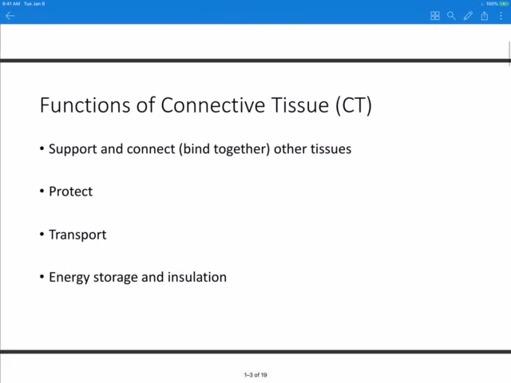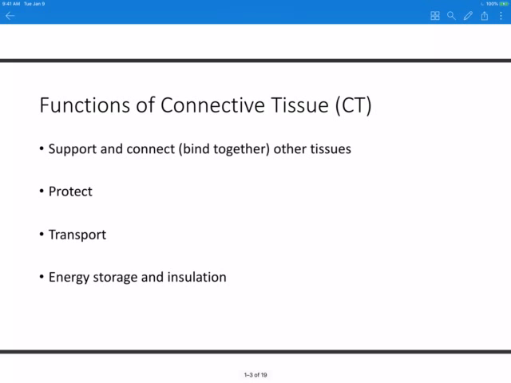So the basic functions of connective tissue include the fact that it supports tissues of the body and it binds tissues together. Some examples of connective tissues that support and bind are skeletal muscle connective tissue. So in other words, there are connective tissue sheaths that wrap around skeletal muscles and basically hold them in sort of like a bag.